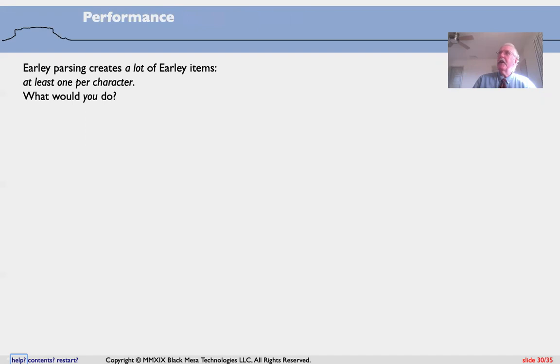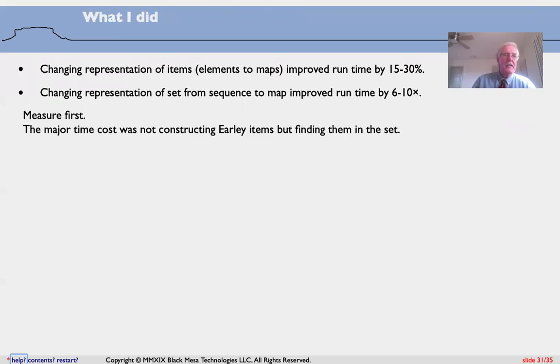And since Earley parsing creates a lot of Earley items, it seemed obvious that one of the reasons Aparecium was not as fast as I would like was that it was spending too much time constructing them. Well, changing the representation of items from elements to maps improved runtime by 15 to 30%.